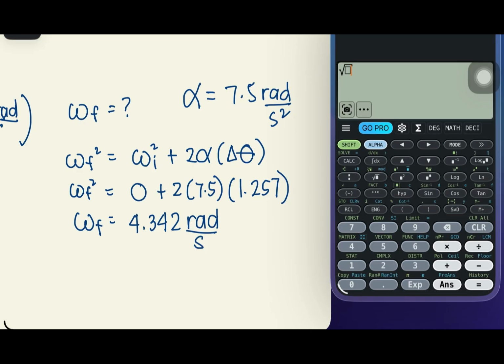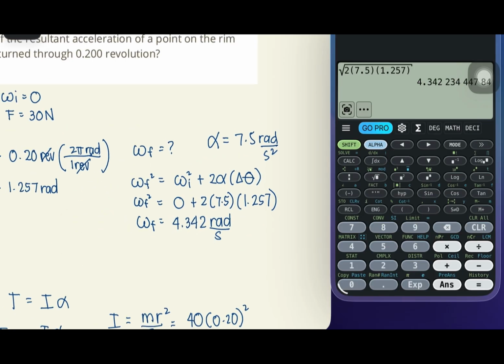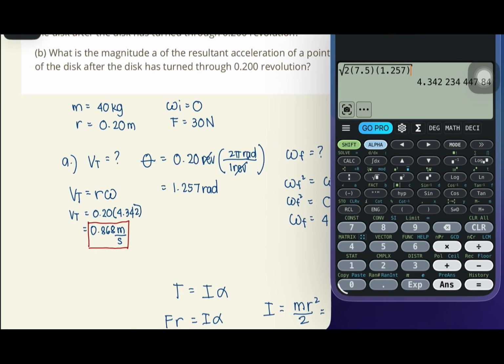Kaya, yung i-input nyo sa calculator is square root of 2 times 7.5 times 1.257. Yung nakuha po na omega f is 4.342 rad per second.